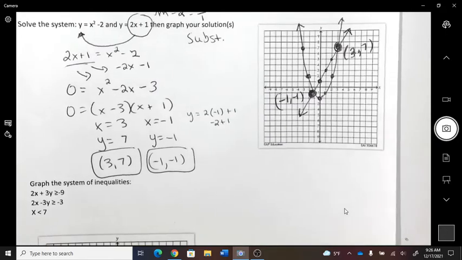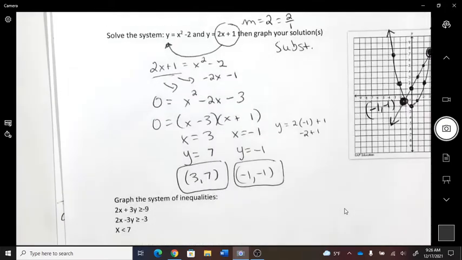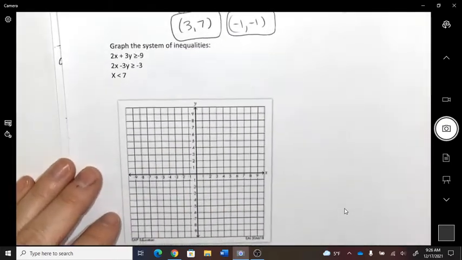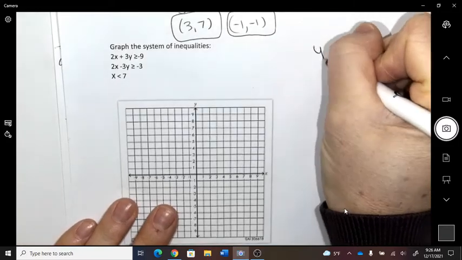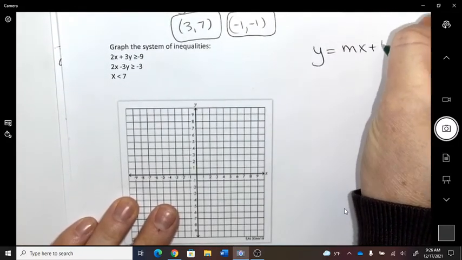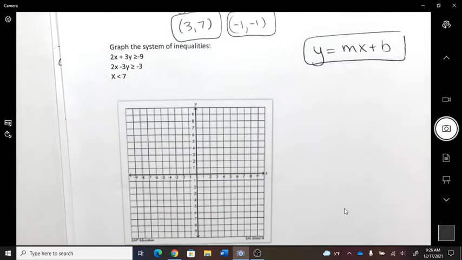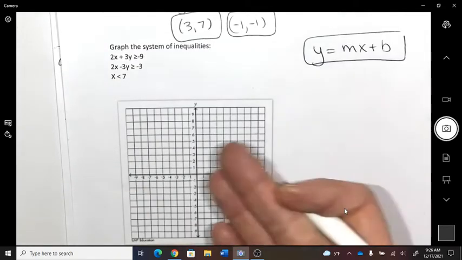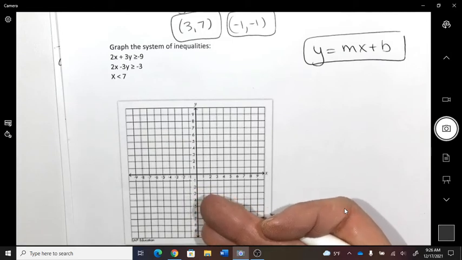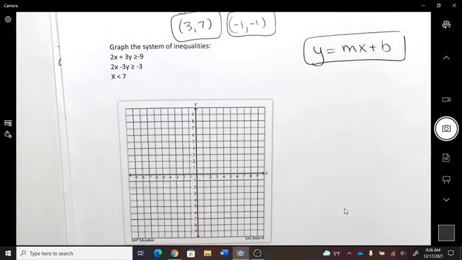Okay, graphing linear inequalities. Okay, so let's just start by saying when we want to graph our lines, we want them all to kind of have this flow. We need y alone, which will let us see what the m and the b is.